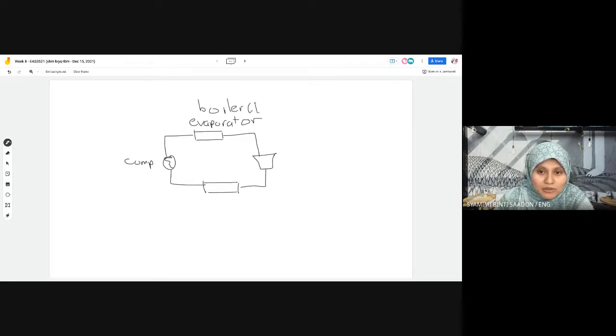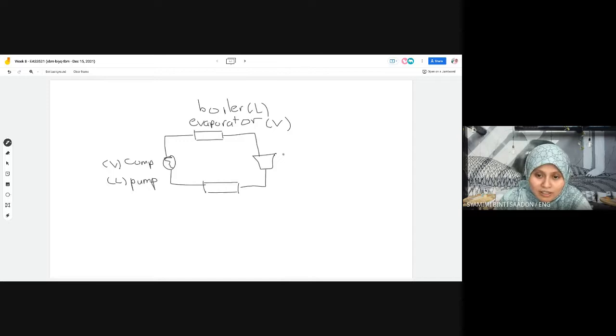A boiler is usually for liquid, an evaporator for gas or vapor. Same here, a compressor is usually for vapor, gas. A pump is for liquid. The function is the same, but the device used is different. A compressor is for vapor, gas, a pump is for liquid, water, etc.